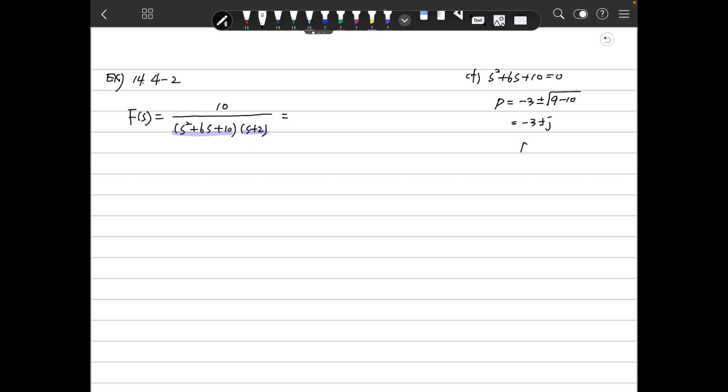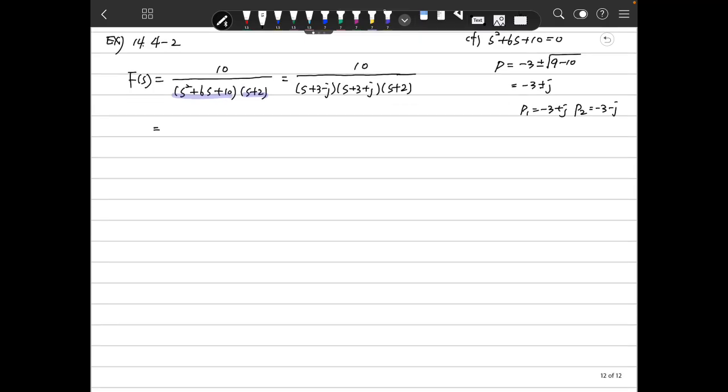So P1 will be minus 3 plus j, and P2 will be minus 3 minus j. So this can be rewritten as s plus 3 minus j, s plus 3 plus j, and s plus 2 and 10.